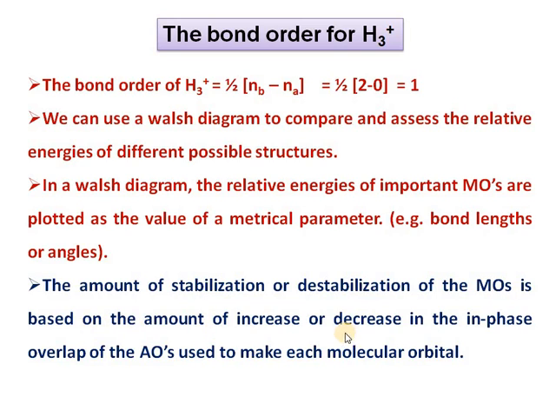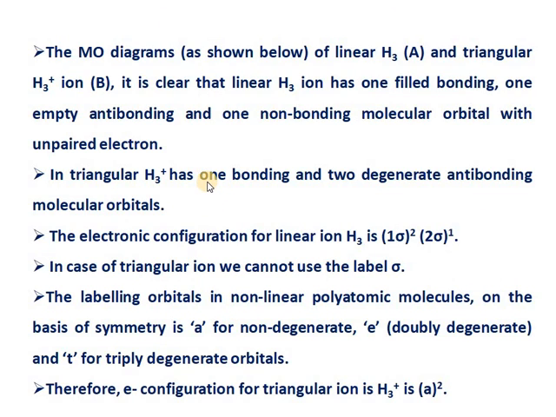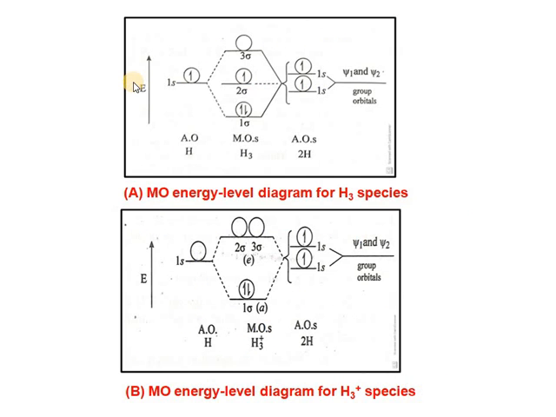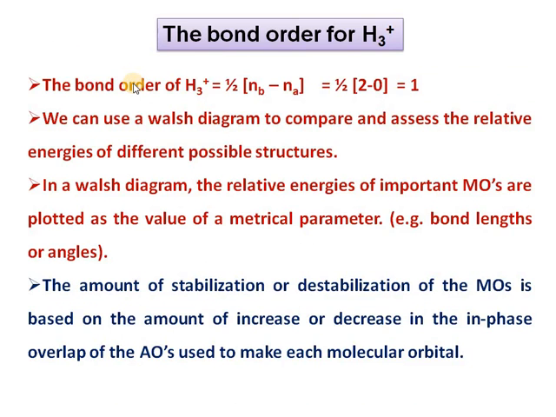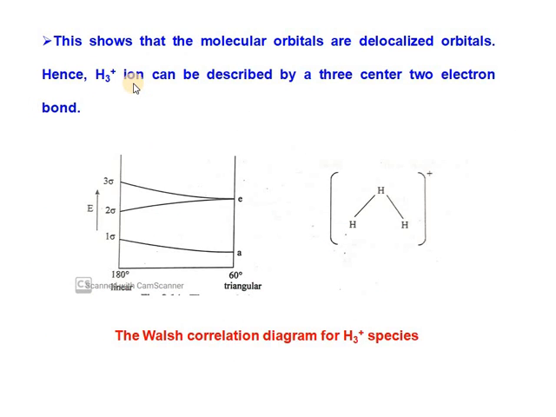is based on the amount of increase or decrease in phase overlap of the atomic orbitals which are used to make each molecular orbital. So in these Walsh diagrams, we clearly observe how the energy changes, right? These Walsh diagrams show the bond angle, 180 degrees for the linear molecule and 60 degrees for the bent, triangular molecule. So the energy for the triangular molecule will decrease and for the linear molecule it will increase.